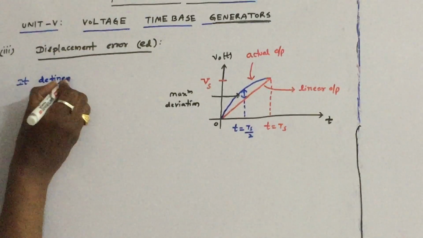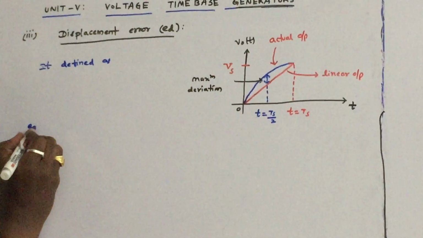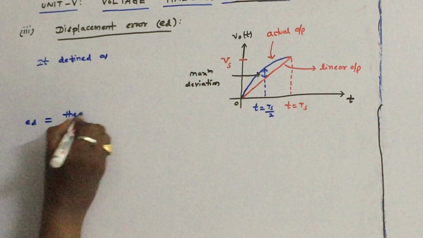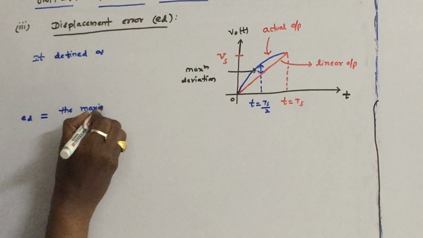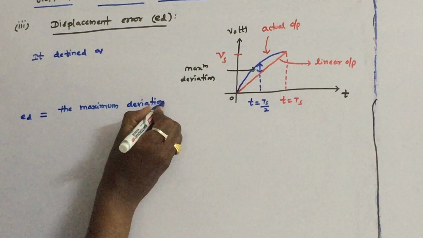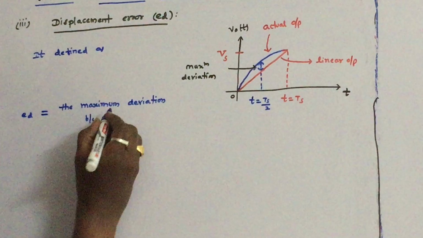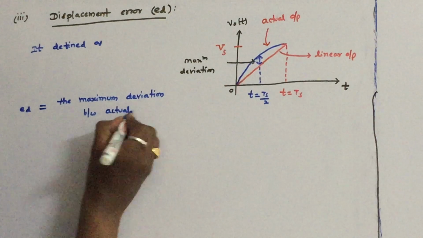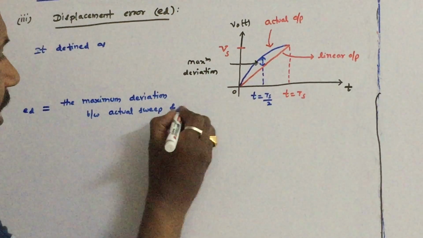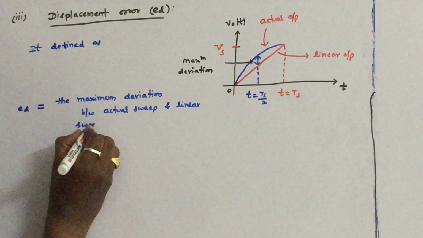ED is defined as the maximum deviation between the actual sweep and the linear sweep.